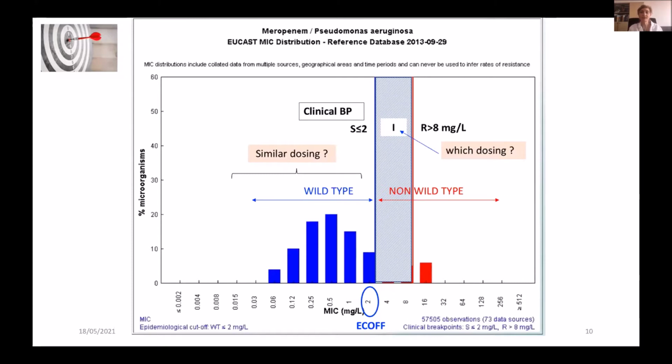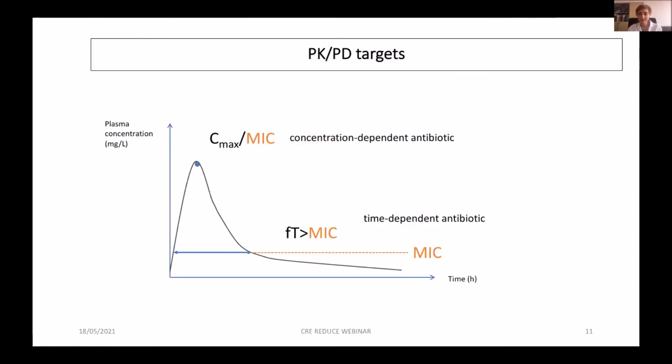And you can see the clinical breakpoints here of 2 and 8 milligrams per liter. There are several questions. The first question, but that's not the topic today, is should we use similar dosing for all these strains? And the second question is, which dosing should we use for these intermediate microorganisms?